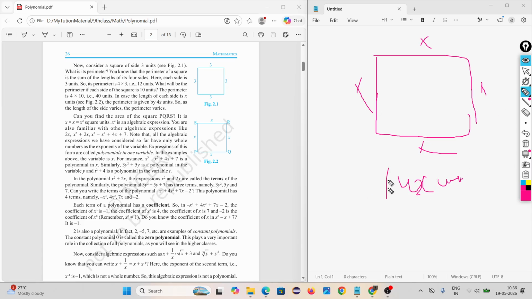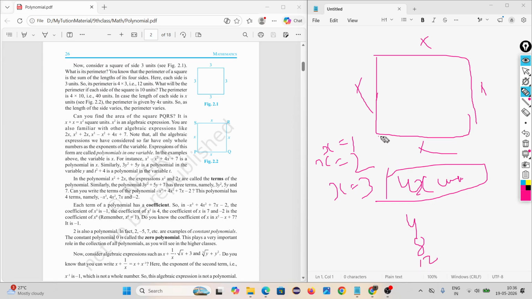Suppose x value is 1, perimeter is 4. x value 2, perimeter 8. x value 3, perimeter 12. Look, when the variable value changes, the perimeter changes. Constant remains the same, but due to the variable, the perimeter is changing.